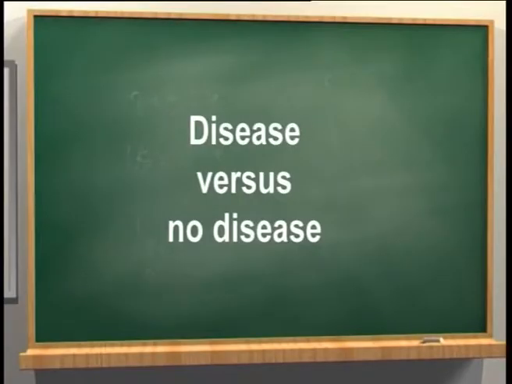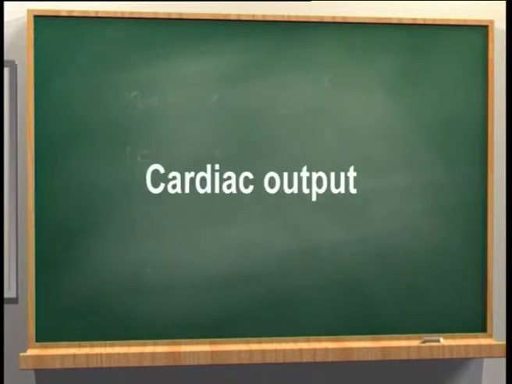Rank correlation can also be used in the situation where one wishes to compare ordinal or discrete variables such as disease versus no disease or a cardiac output. These rank correlation methods are readily available on most computer statistics packages.